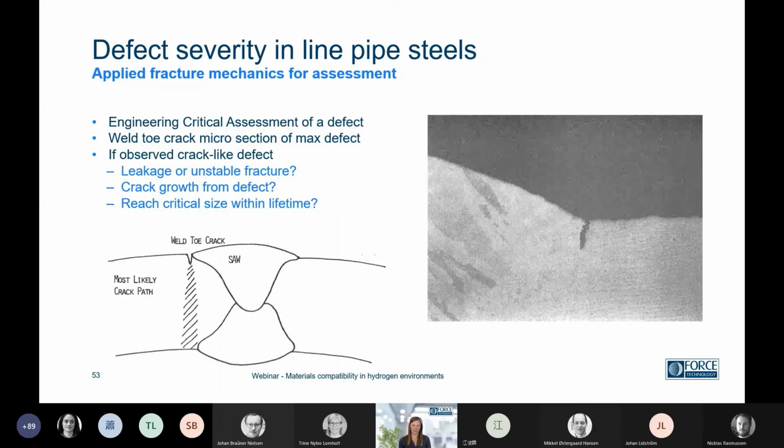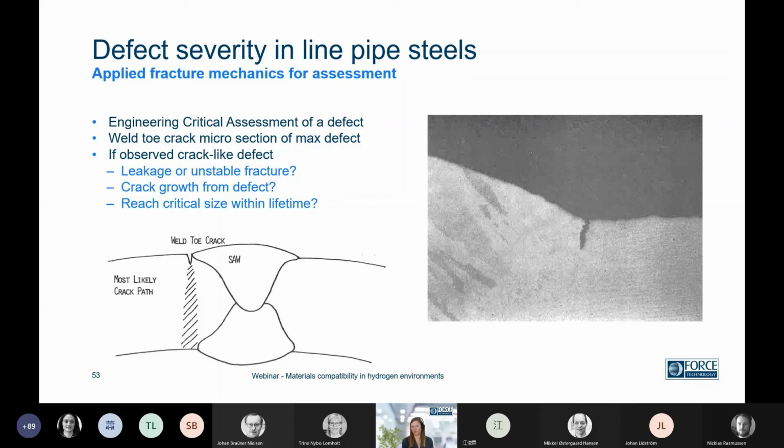And this is also a question we get: if defects are observed, are they dangerous? Is something going to happen? So this was tested mainly to consider: are we going to have leakage or unstable fracture? Are cracks going to grow from this defect?